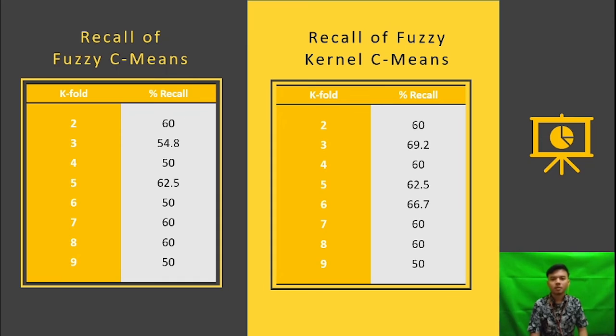The best recall of the study is achieved by fuzzy kernel C-means when k equals 3, with the highest recall of 69.2%.